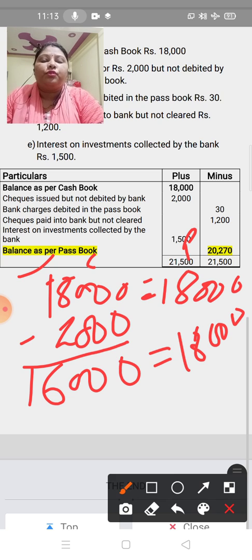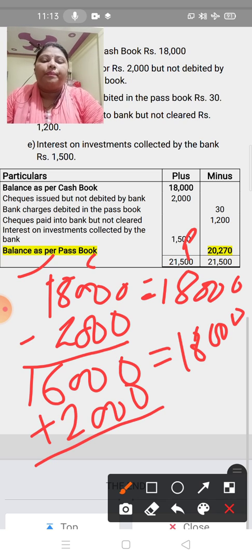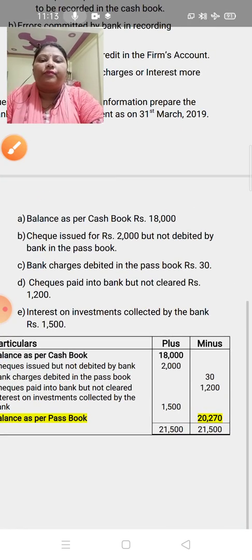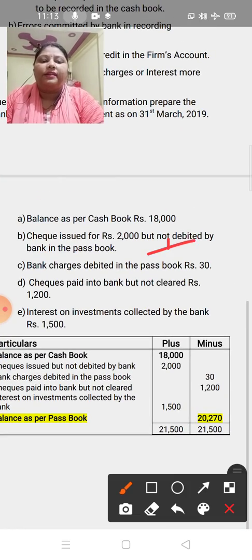It means you have to add 2,000 in the cash book, and then it is equal to the passbook. It is already subtracted, now you have to make it equal. So this transaction you have to add.